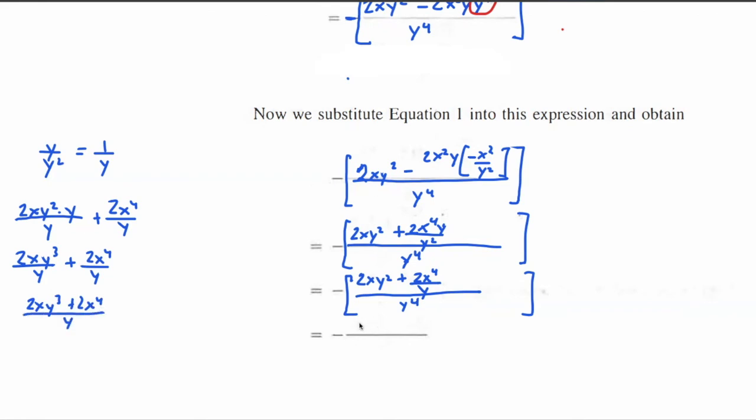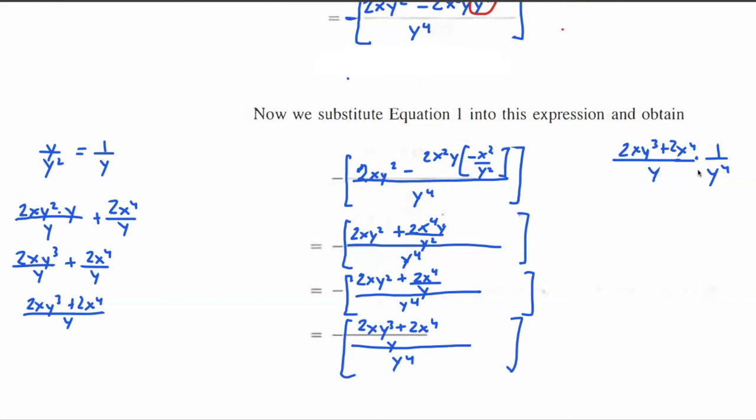So we have 2xy cubed plus 2x to the 4 all over y, but that is all over y to the 4. Now, one of the things that we know of when we take a fraction and we're dividing by another fraction, really this is just 2xy cubed plus 2x to the 4 over y multiplied by the reciprocal of y to the 4, which is 1 over y to the 4.